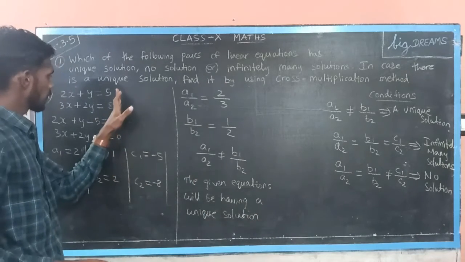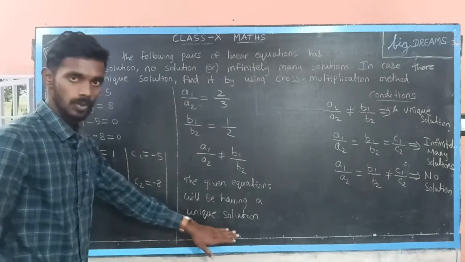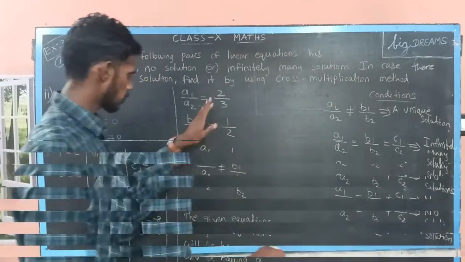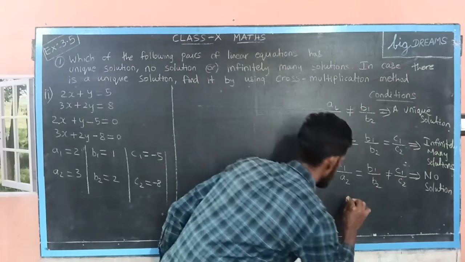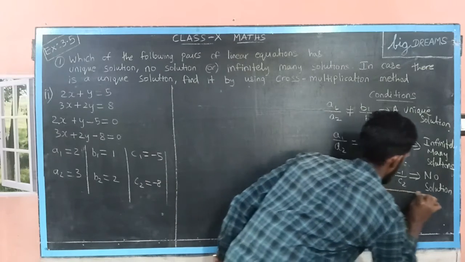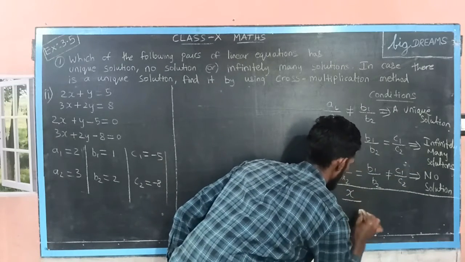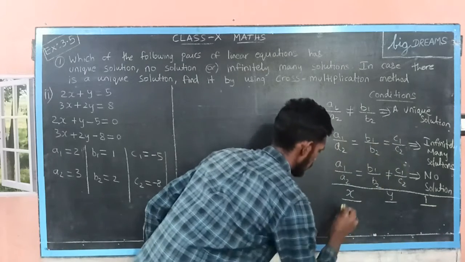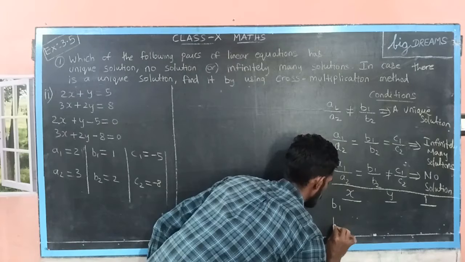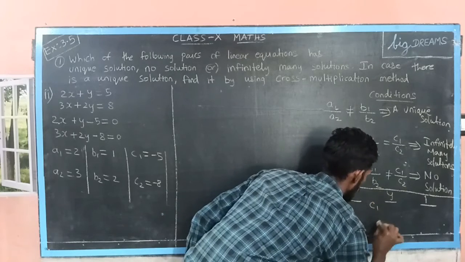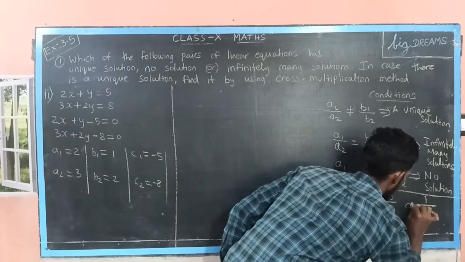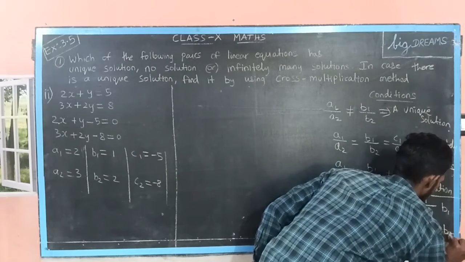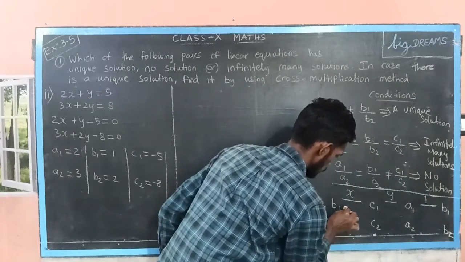Okay. So if these equations have a unique solution, then we have to find the solution by using the cross multiplication method. So let us solve. First draw the diagram: x divided by, y divided by, then 1 divided by. Starting with the y coefficients, that is b1, b2, then c1, c2, then a1, a2, then ending with b1, b2.